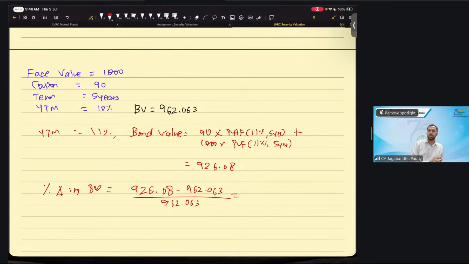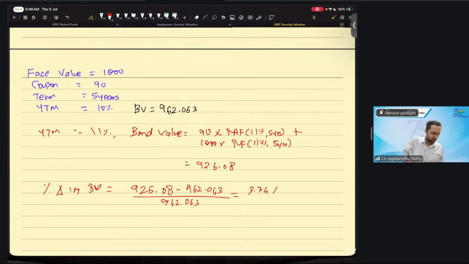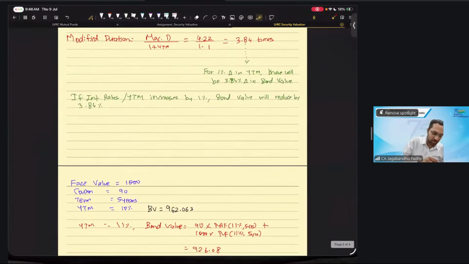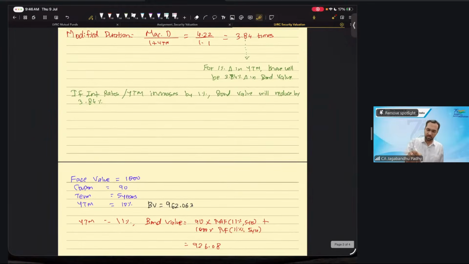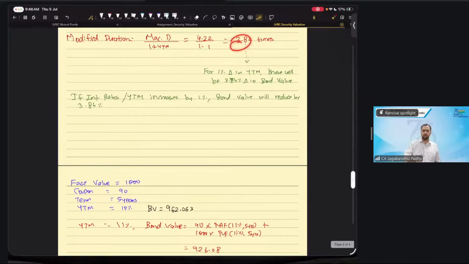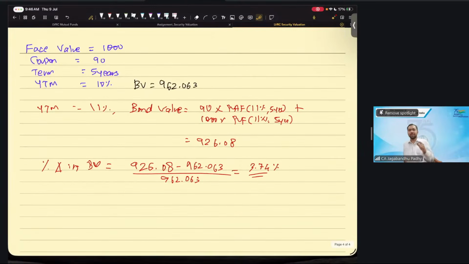The reduction we see is 3.74%, and what we initially got from modified duration was 3.84%. Approximately it is the same, but there is still some difference. Modified duration is not able to capture the complete change that we observe in the bond value.